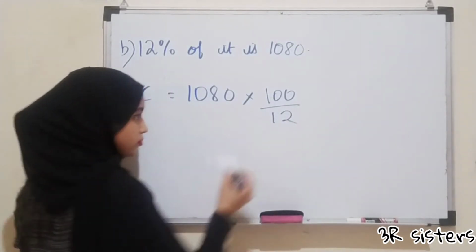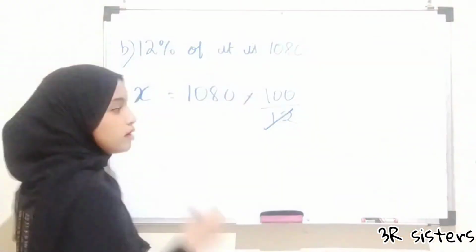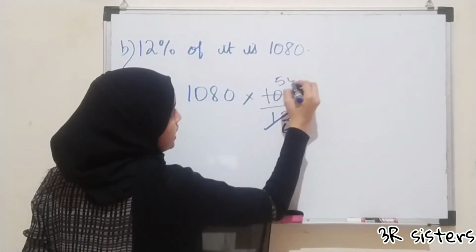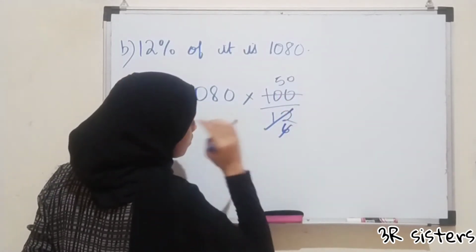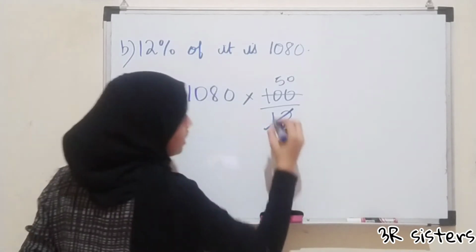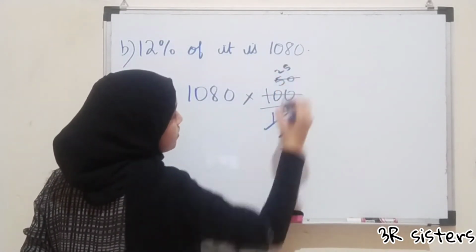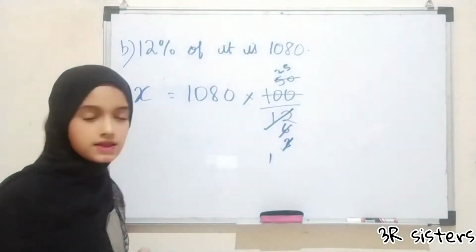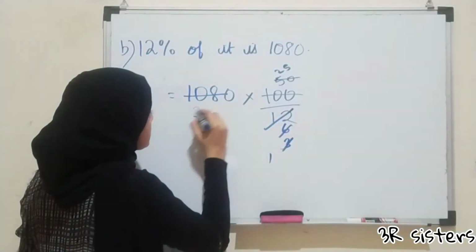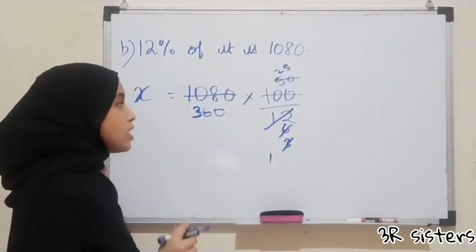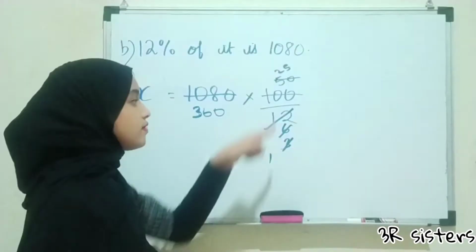Now this goes in 2's table, so 12 becomes 6 and 100 becomes 50. Then this becomes 3, and this becomes 25. This becomes 1. Now what is left? Now we can cut this into 360. What is left is 360, 25 and 1.